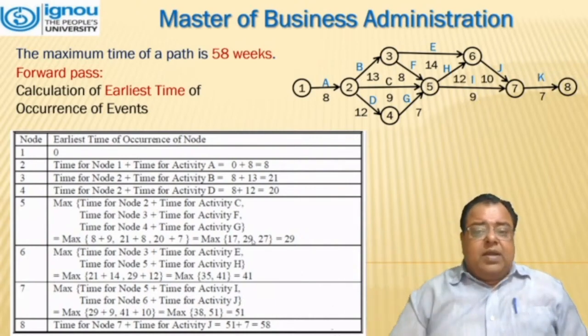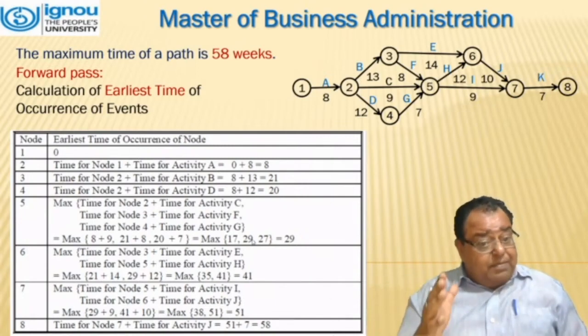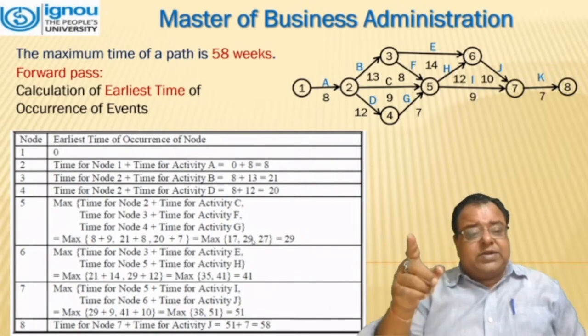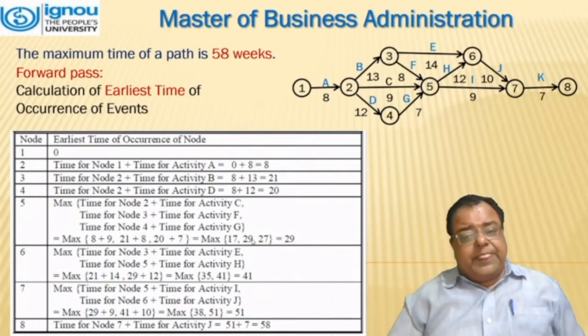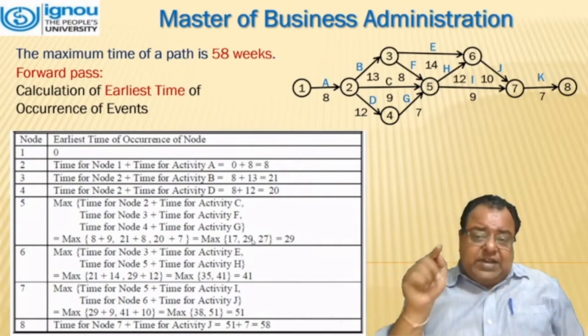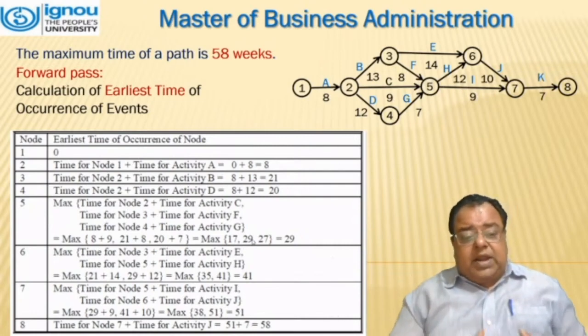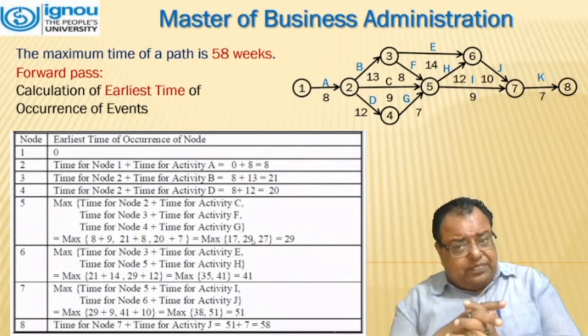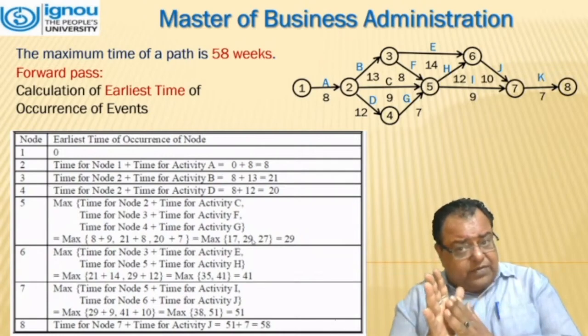Now we move to node 3. Node 3 is basically completion of time of node 2 plus the activity time, which comes out to be 8 plus 13. That comes out to be 21. Now we have reached node 3. Node 4 is basically node 2 plus the time of D. That comes out to be 8 plus 12, that is 20. Now, when we have reached 5, we have three activities being performed at node 5.